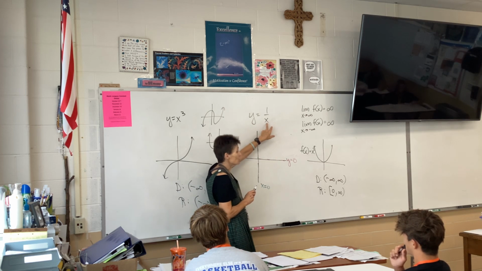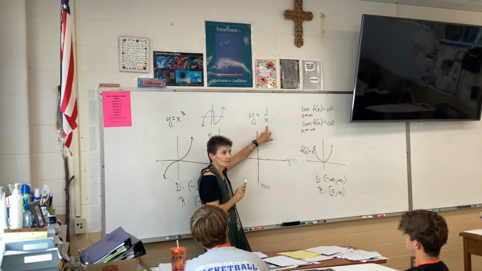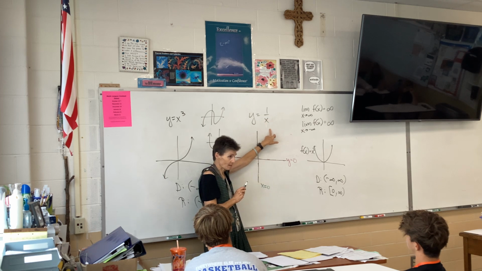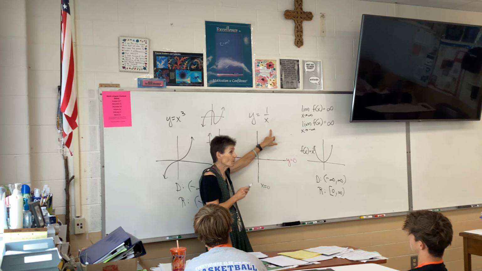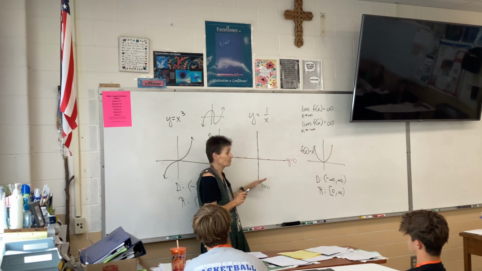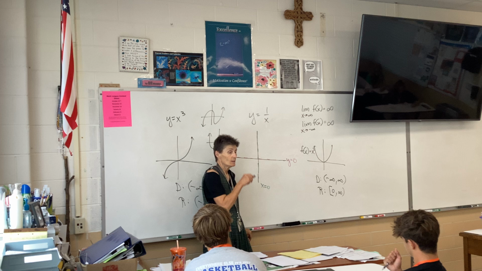Now, can you tell that y also can't be 0? Think about that for a second. Will 1 divided by something ever equal 0? No. So x can't be 0 and y can't be 0. This is called a vertical asymptote. This is called a horizontal asymptote.